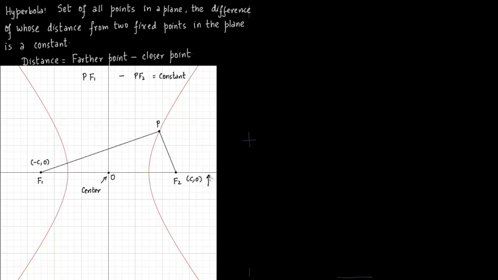The axis which contains both the foci is called the transverse axis, and the axis which is perpendicular to the transverse axis and passes through the center is called the conjugate axis. So we are labeling point A as (-a, 0) and point B as (a, 0).